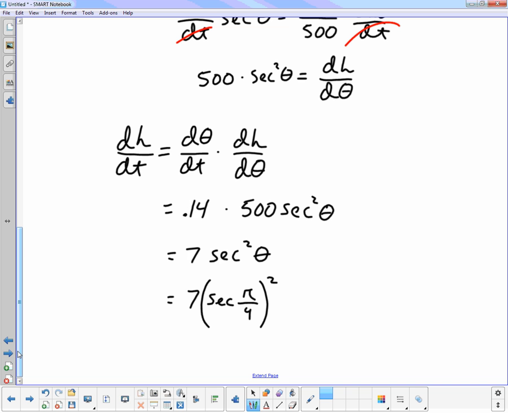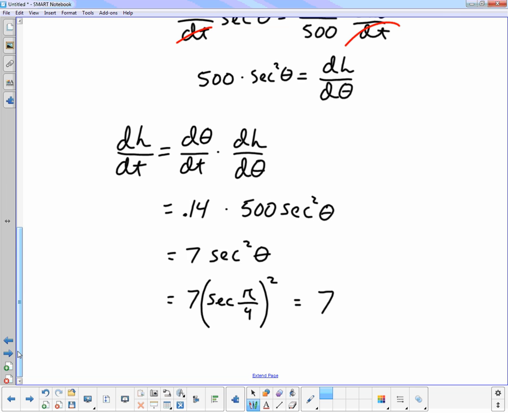And secant of pi over 4, does anybody remember? Just root 2. Because remember, it's the reciprocal of cosine.